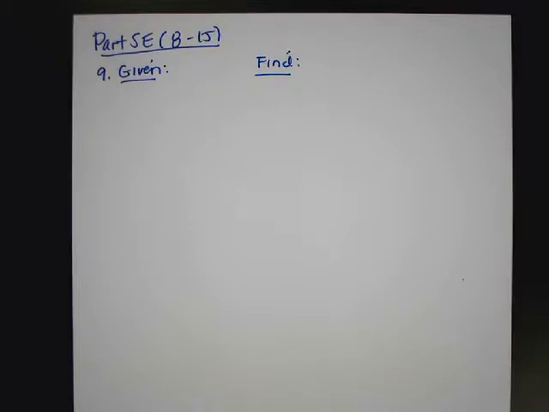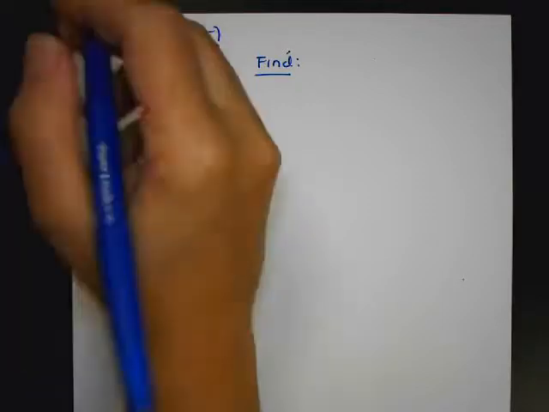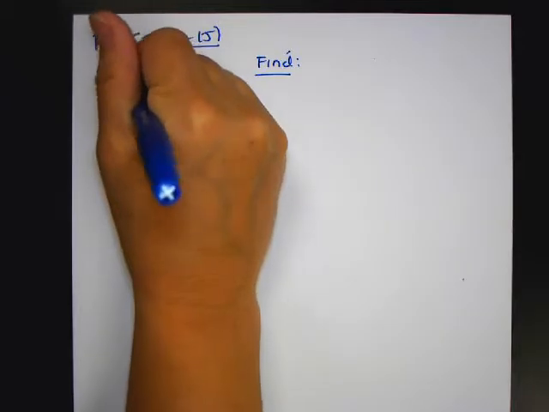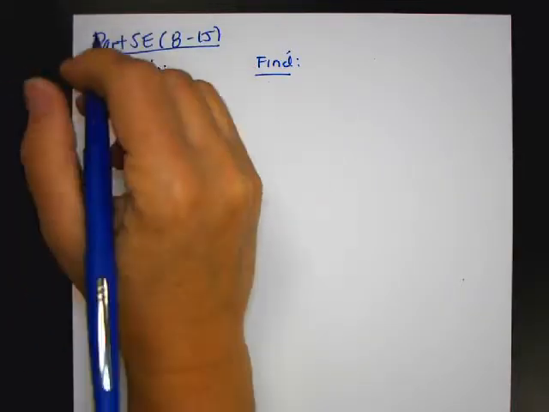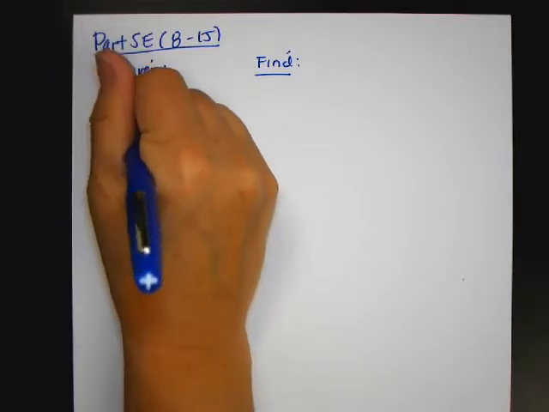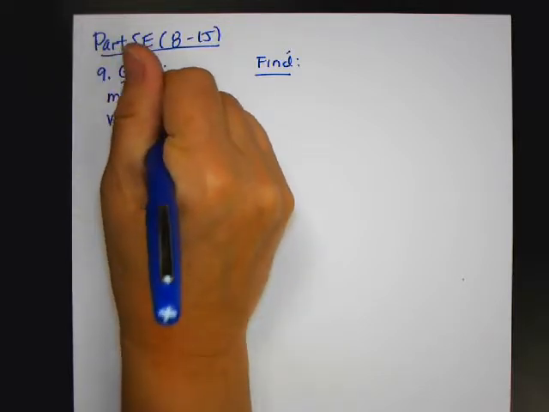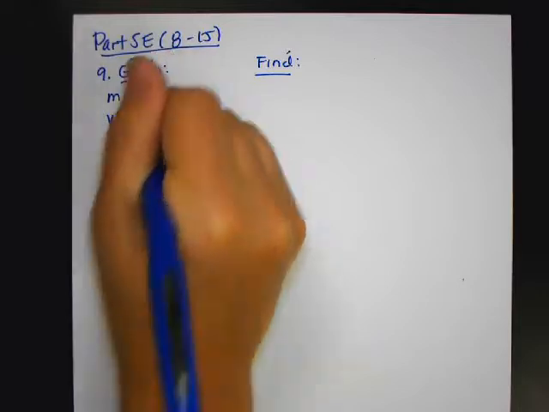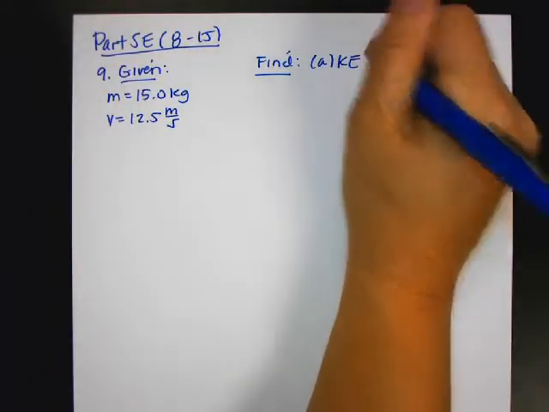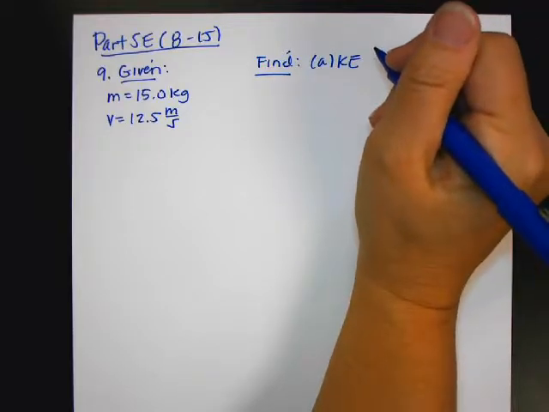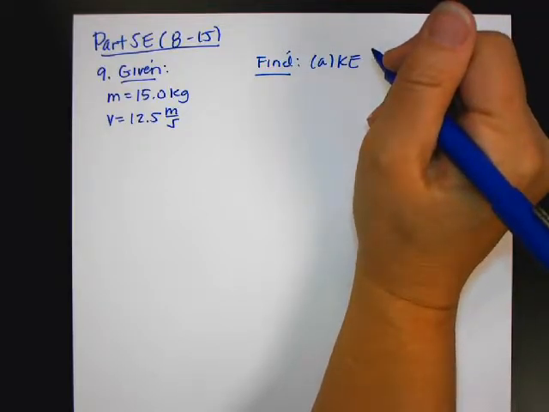So it says a 15 kilogram model plane, so that's the mass, flies horizontally at 12.5 meters per second. Calculate the kinetic energy. The plane goes into a dive and levels off 20.4 meters closer to the Earth.